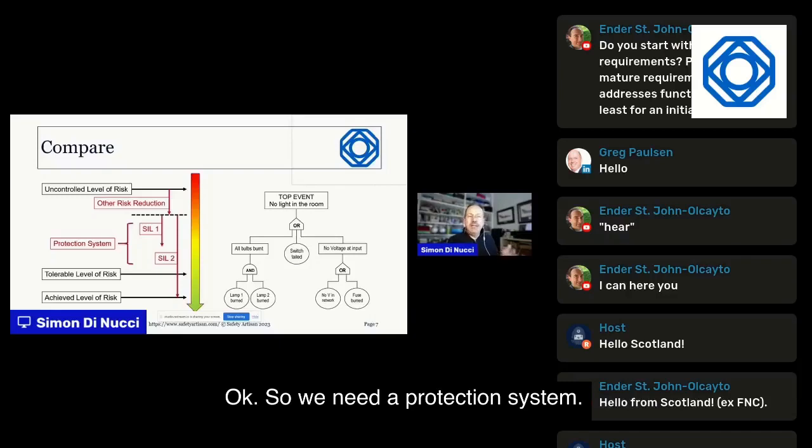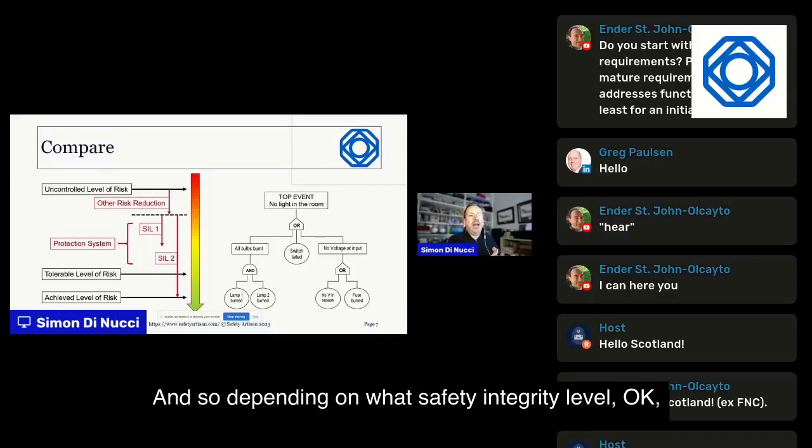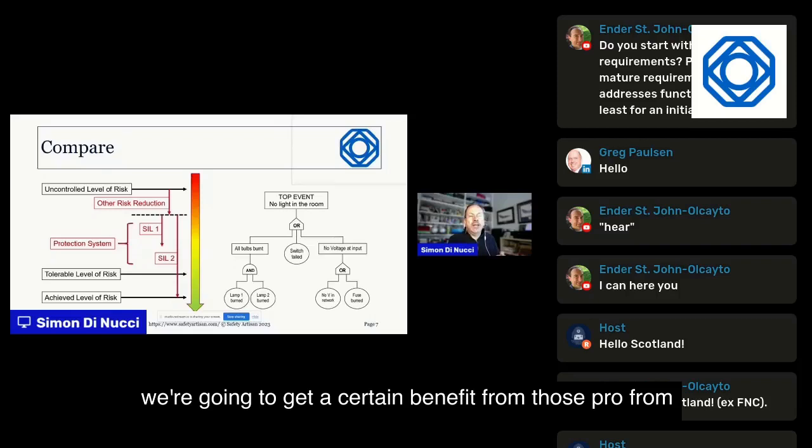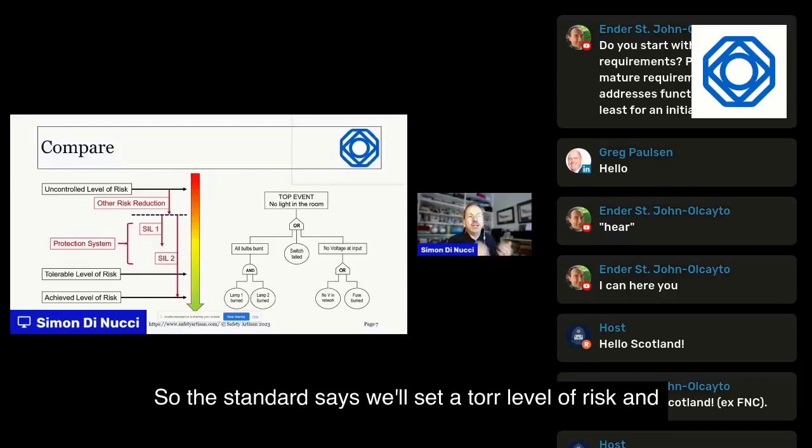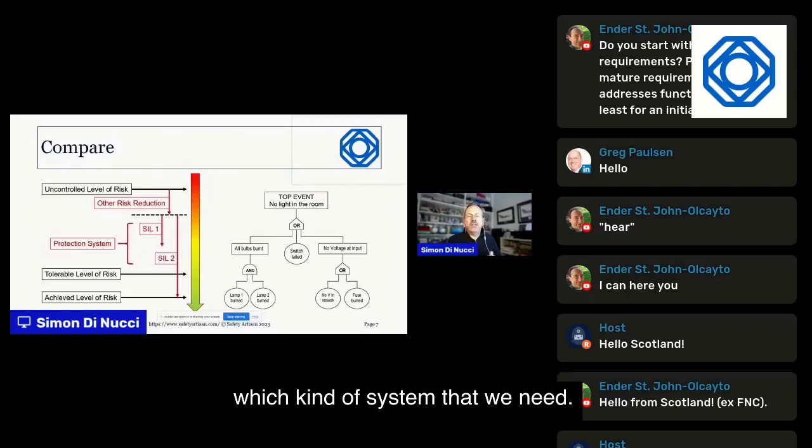Okay, so we need a protection system, and depending on what safety integrity level we choose, we're going to get a certain benefit from those protection functions. So how much do we need? The standard says we'll set a tolerable level of risk, and that will help us understand which kind of system we need.